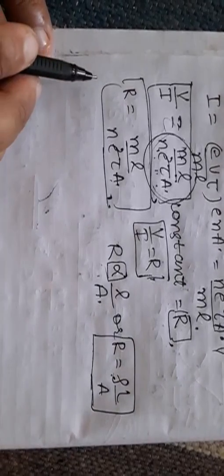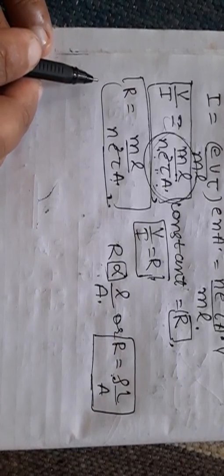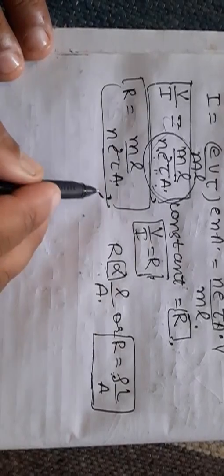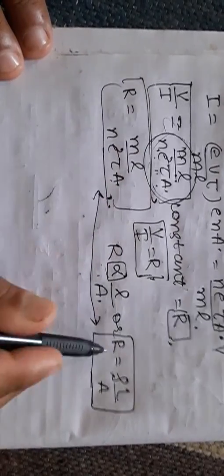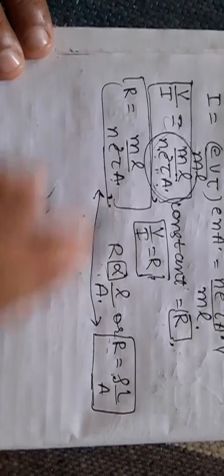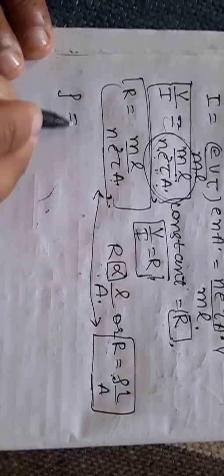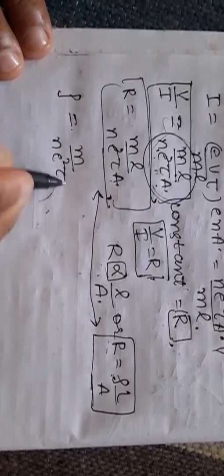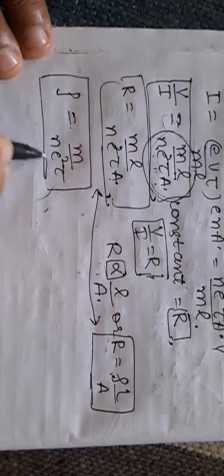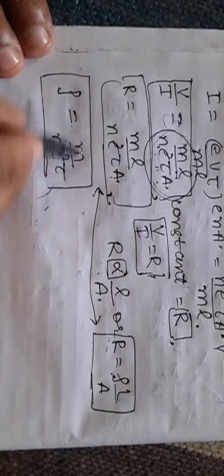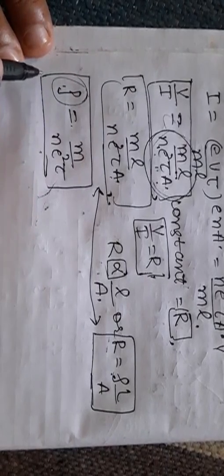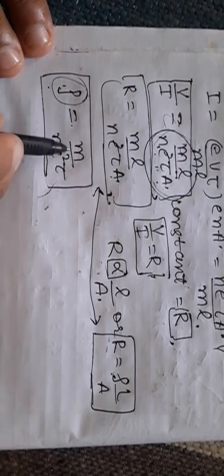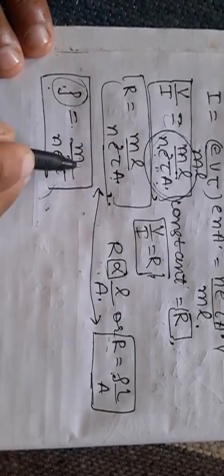Rho is called resistivity or specific resistance. If you compare these two results, instead of rho there is written m upon n e square tau. So this rho, called resistivity or specific resistance, is equal to m upon n e square tau.